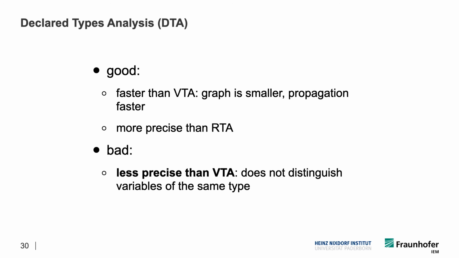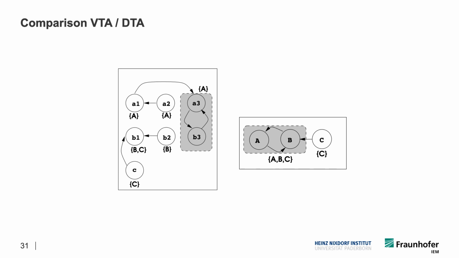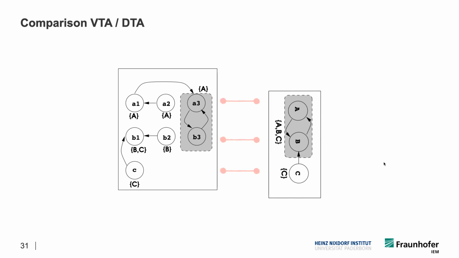You can also see a one-to-one correspondence if you look at the different graphs. This is the graph we had computed for VTA, and this is the graph we had computed for DTA. If I turn this around, you will actually see this one-to-one correspondence. Basically you have this node here that represents all of what's happening up here. You have this node here that represents all of these variables.